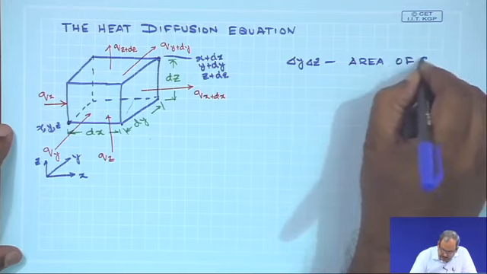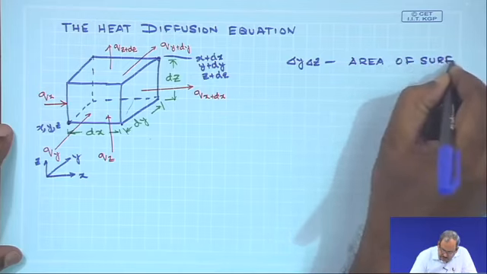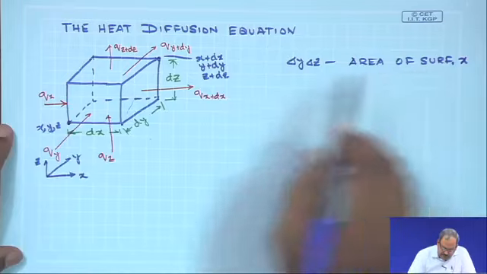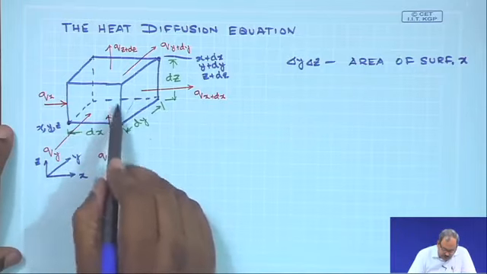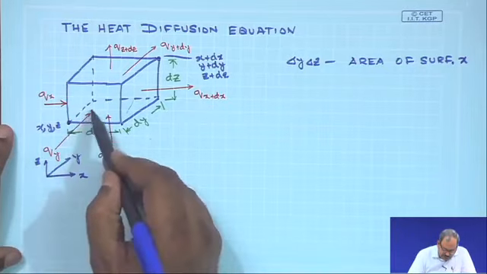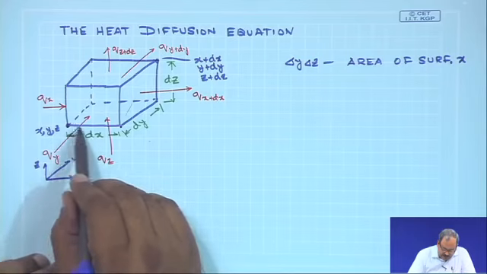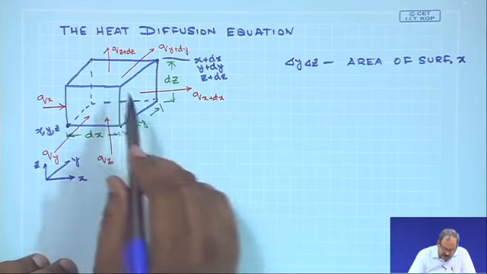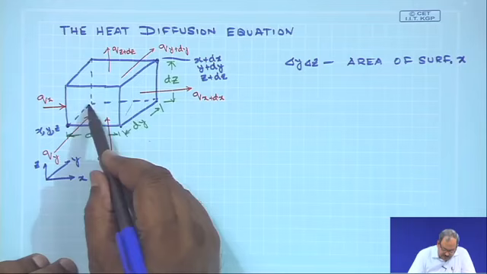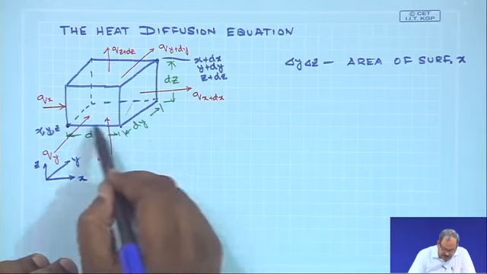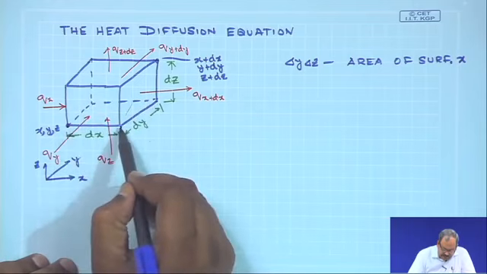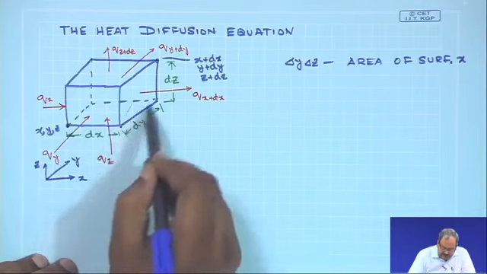Similarly, the y face, which is perpendicular to the y direction, has an area equal to dx times dz, and the z face, which is the area at the bottom, will have an area of dx and dy.